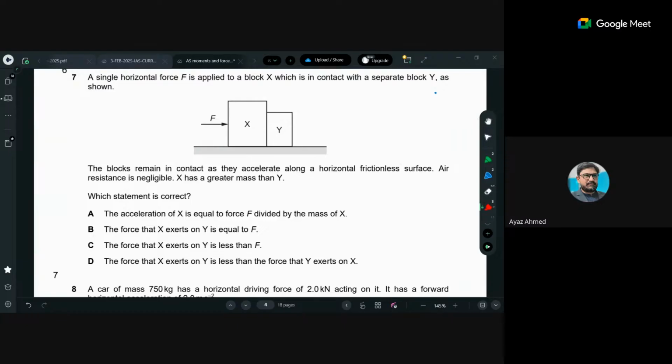In this question, let's say the mass of X is mx and the mass of Y is my. If they are accelerating at the same rate, acceleration of x equals acceleration of y, then the force on x divided by mass of x should equal the force on y divided by mass of y, isn't it?